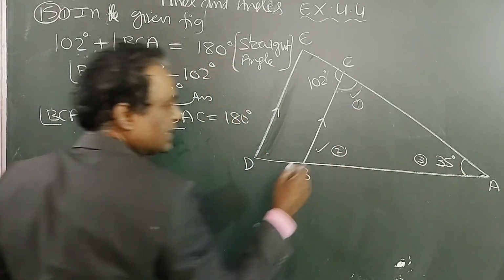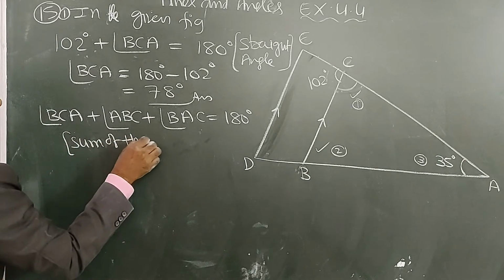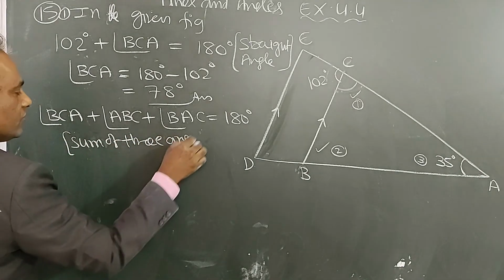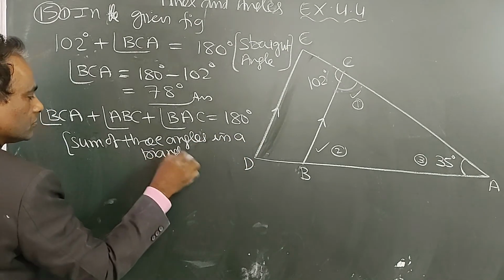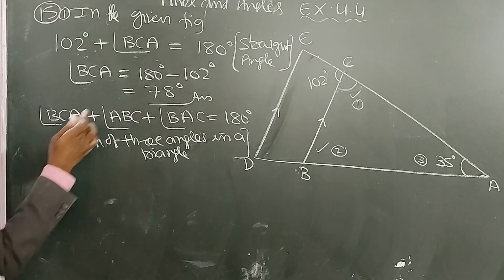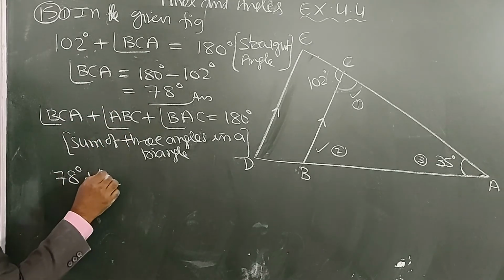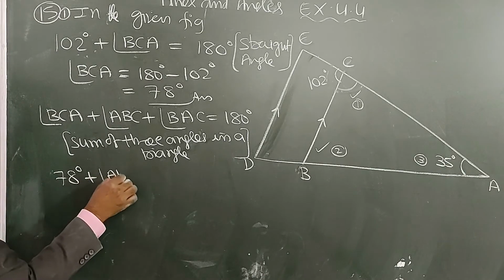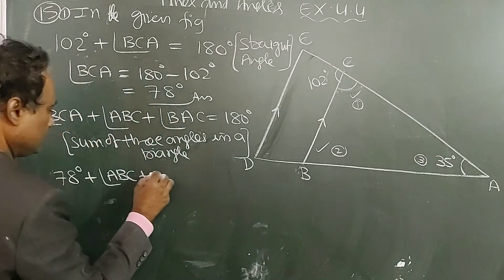The sum of three angles in a triangle is 180 degrees. BCA we got 78. ABC we don't know. BAC is 35.